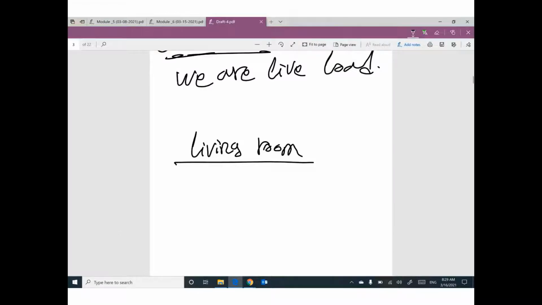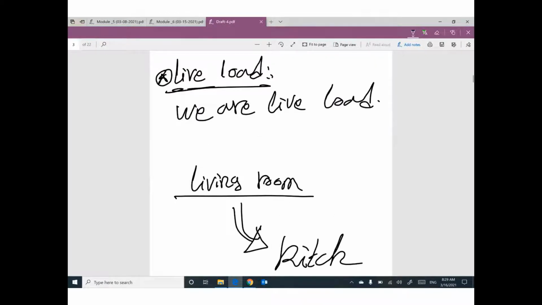A few minutes later, all of you can sit in the kitchen to take dinner. So you are moving from one side to another, from one area to another area in your apartment, because you are live load. So live load can move.